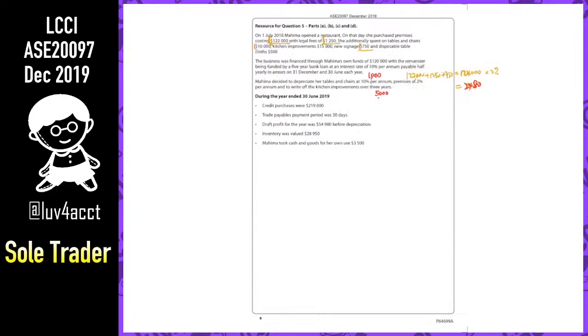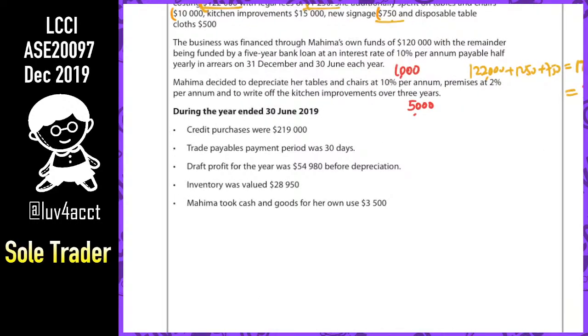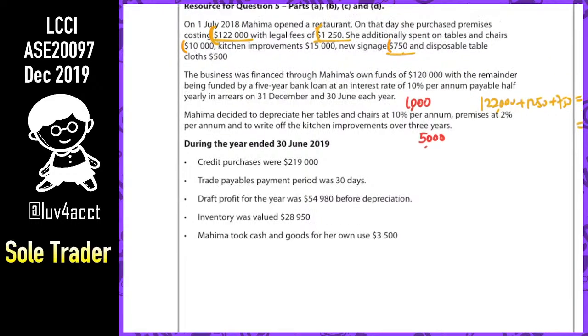Let's see. Credit purchases 219,000, trade payables payment period 30 days. With these two we can calculate the amount of trade payables, because trade payables over credit purchases multiplied by 365 days gives 30.